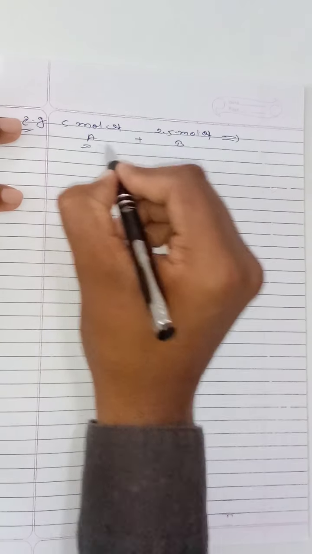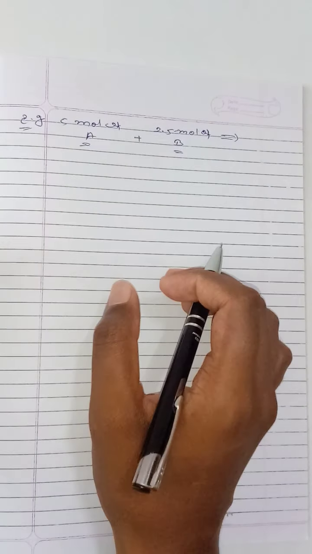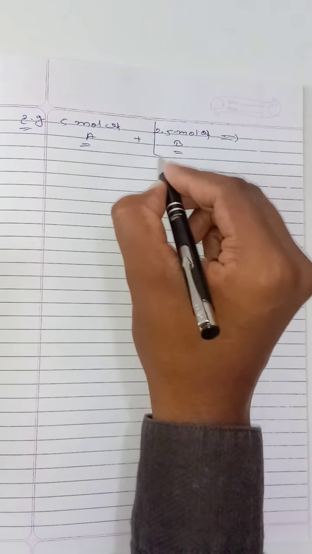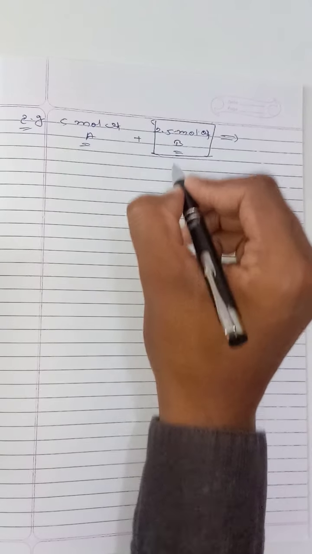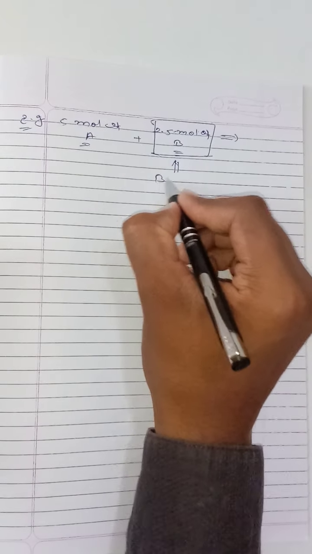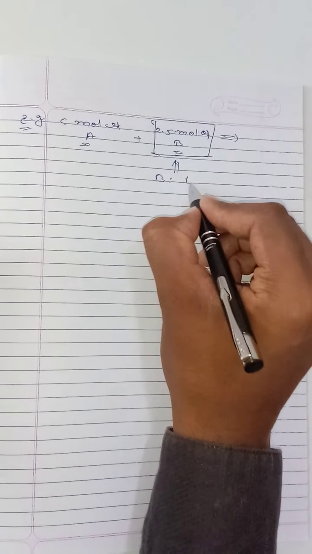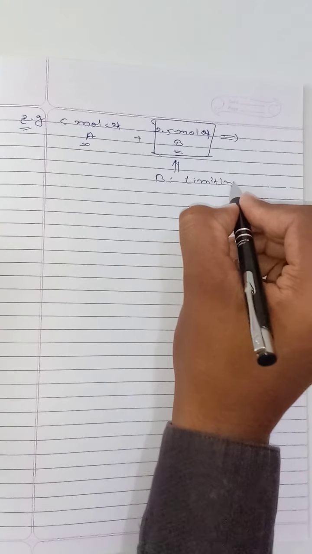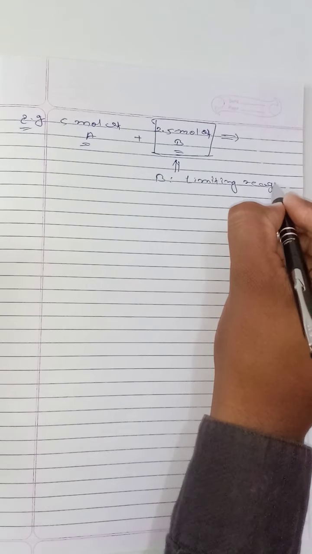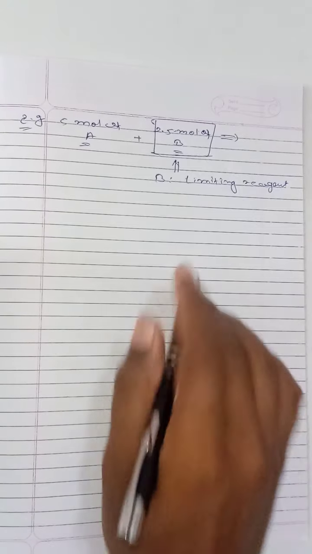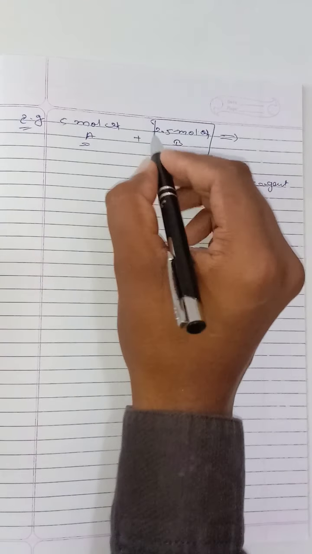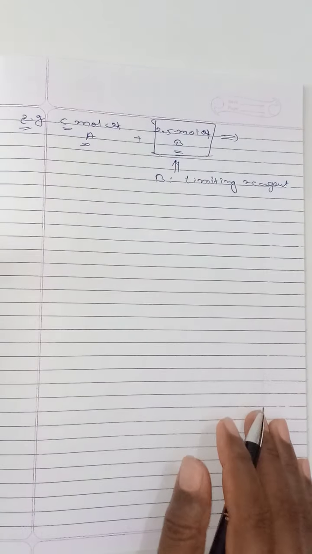Here in these two reactants, which one is the limiting reagent? That which is in lesser amount. That's why B is called our limiting reagent. Why? 2.5 is a lesser amount as compared to 5 mole.